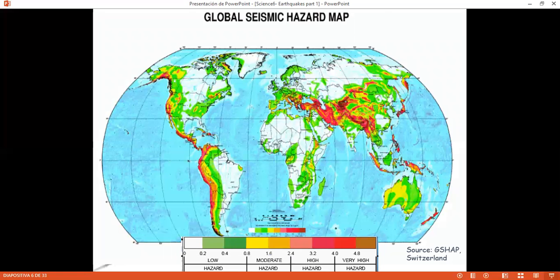So we can check in this map the global hazard of earthquake probability. Probability doesn't mean that it's going to happen. It means that it's probable that it happens. So the white parts that you see there are the least likely. I mean, there's almost zero probability that an earthquake happens. So it's almost zero over there in Greenland and a lot of Russia and of course in North America.